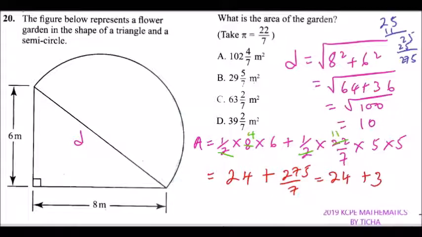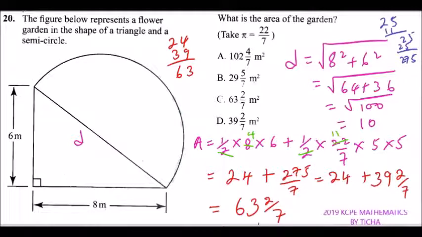So 65, you divide by 7, you get 63, which is 9, and we are left with 2 out of 7 when you divide that. So when you add 24 and 39, that will give us 3, carry 1, that is 63. So you get 63 and 2 over 7.